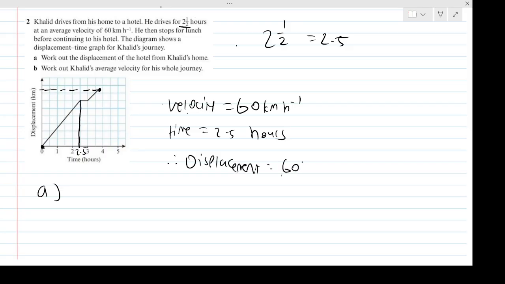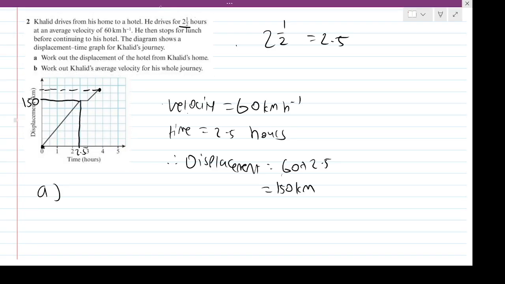So it's going to be 60 times 2.5. Very similar to speed times time, right? So 60 times 2.5 is 150. So 150 kilometers. So that means at the end here will be 150. There, if you can see it, right?